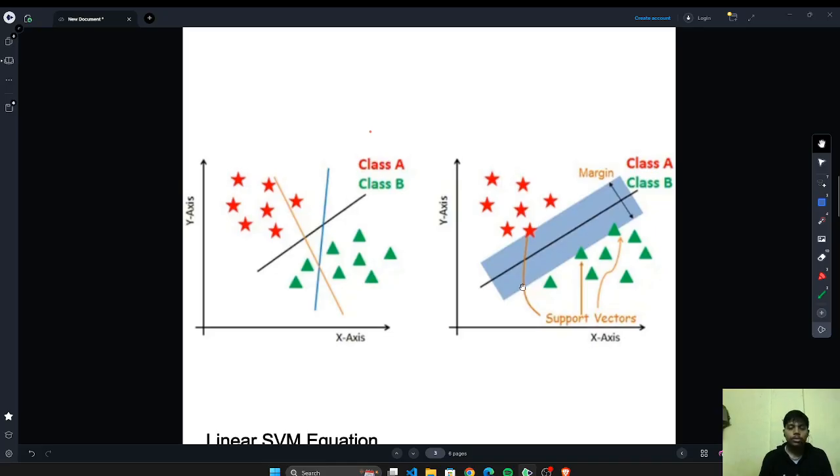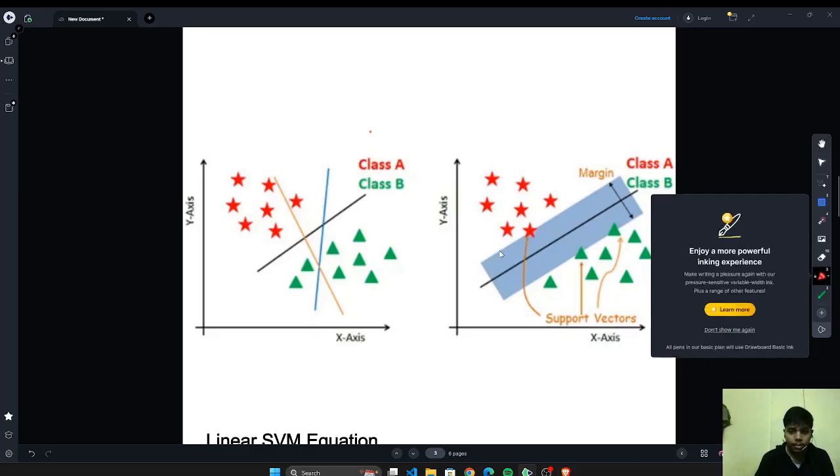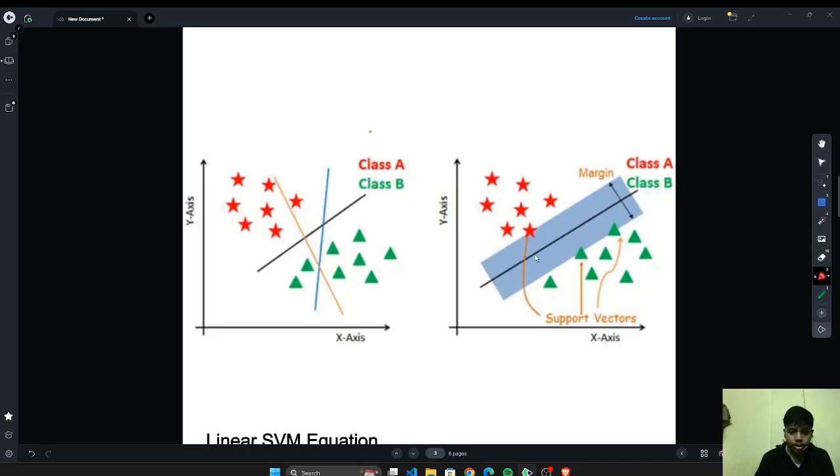The work of SVM is this: it divides two classes or multiple classes with a line which is called a hyperplane. This line which is going through is the hyperplane.